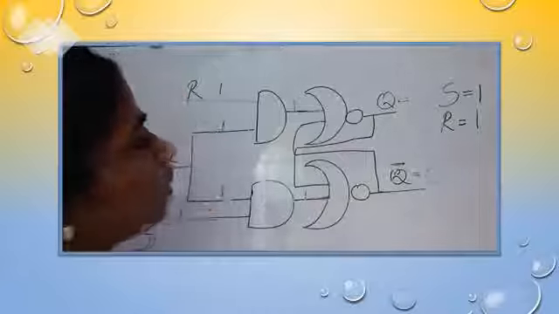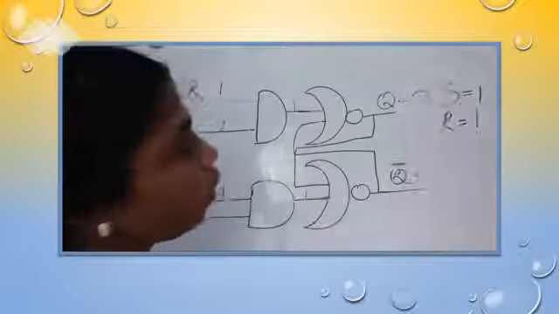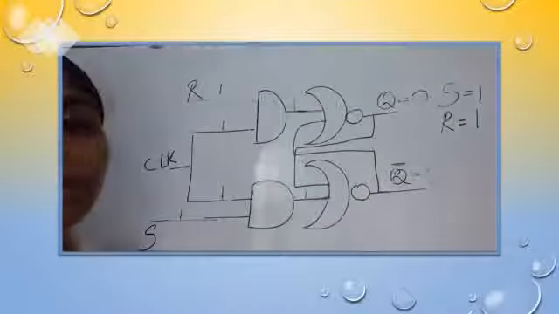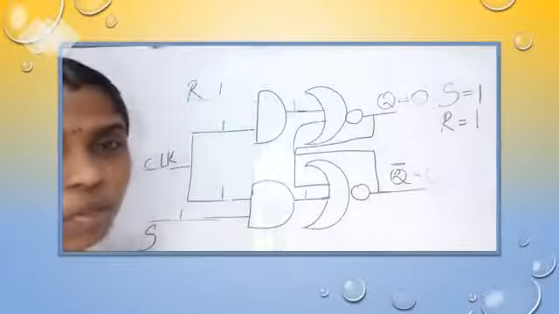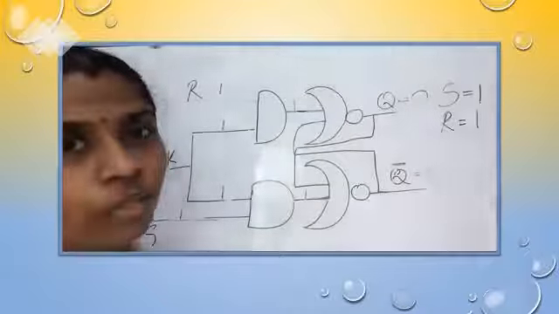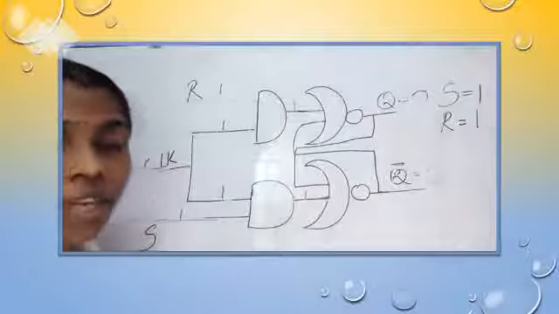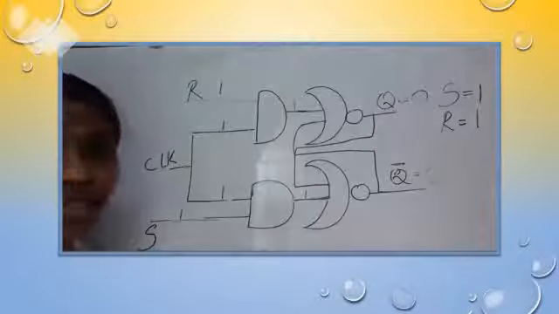Clear? Then here also we can say that the output is 0. Look, here Q and Q dash are 0. Is this possible? No. It is wrong. So this state is known as the invalid state and we will not consider this state. Clear?